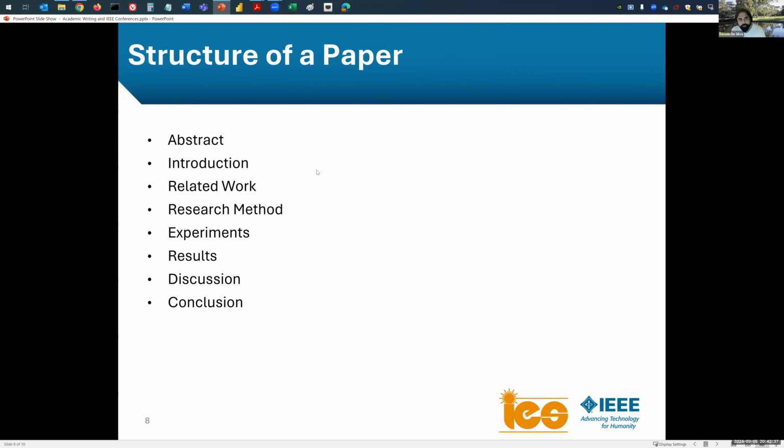So what's the structure of a conference paper? We start with an abstract, introduction, related work, research method, experiments, results, discussion, conclusion. I won't spend time going into details of what each section entails, because this is your riding-the-bike moment. You have to start writing this to understand what exactly goes in there.